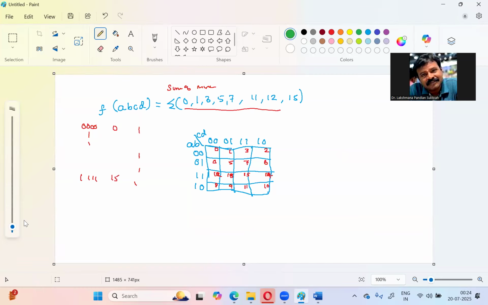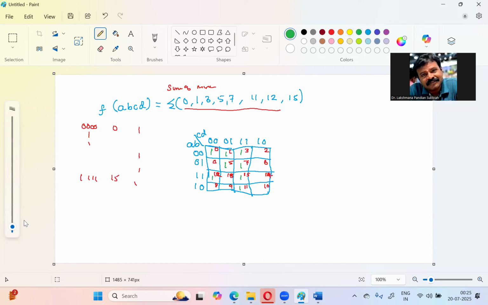Now you have to fill the corresponding values with 1. So the value 1 is 1, 3 is 1, 5 is 1, 7 is 1, 11 is 1, 12 is 1, and 15 is 1. These are all 1, then all others are 0.